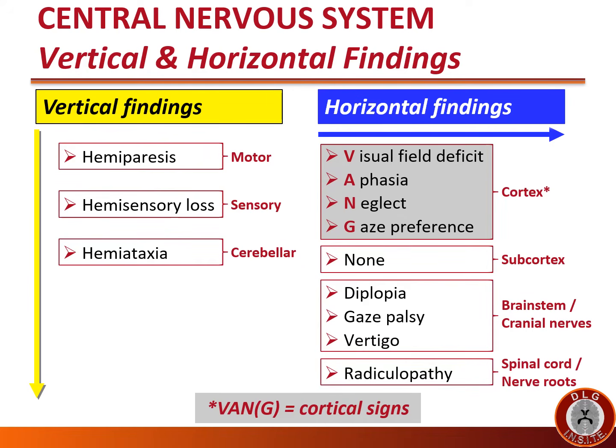In the brainstem, there are cranial nerve findings, so double vision or diplopia, gaze palsy, and vertigo are common symptoms with lesions there. And the horizontal finding in the spinal cord are those of nerve root abnormalities or radiculopathies.